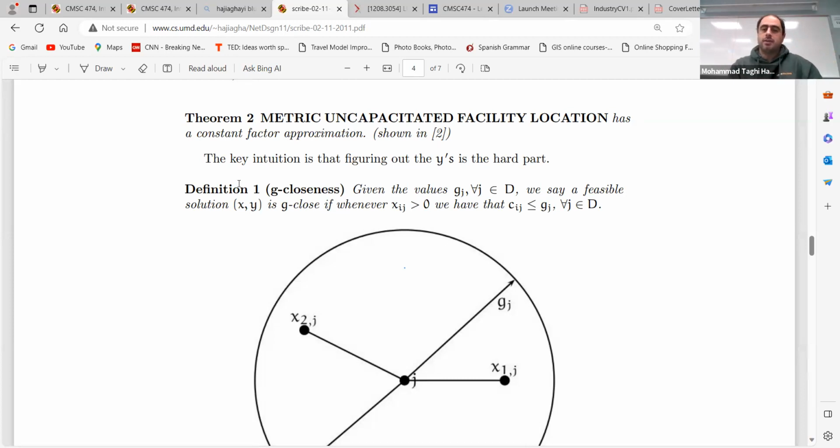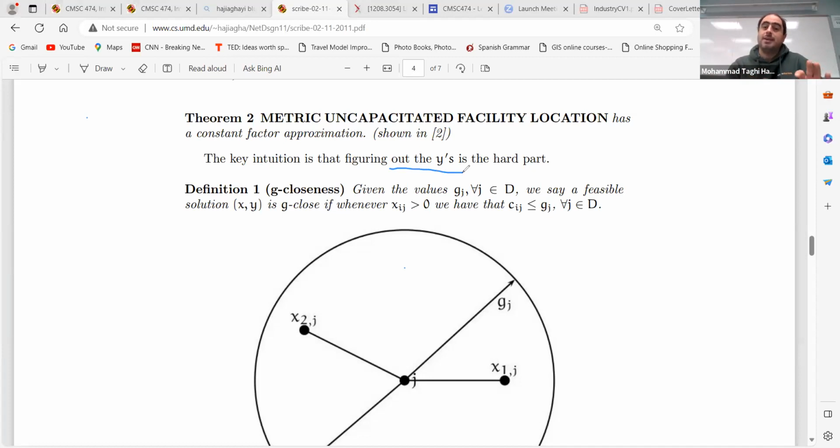As we discussed, the main issue is that we are solving this problem, and the fact that the xij's are at most 1 is good, and a client might be assigned to several facilities. The main issue is that these yi's may become fractional. If we can somehow make them integral without much cost, then the xij's actually are not the hardest part.